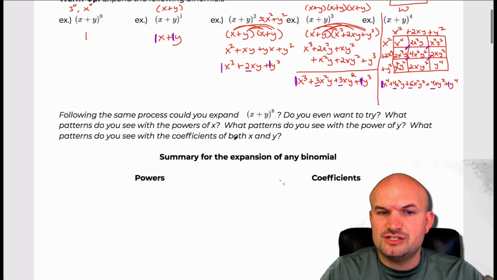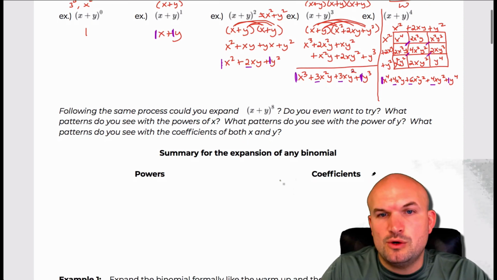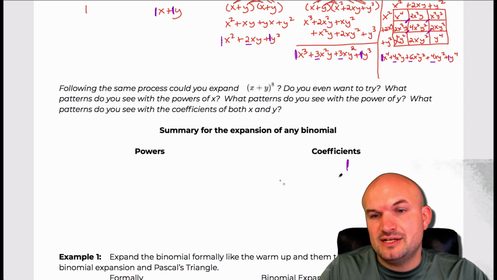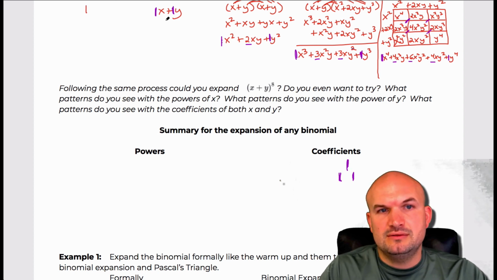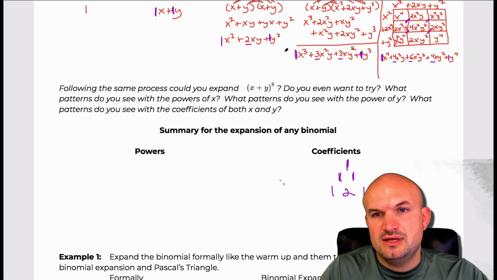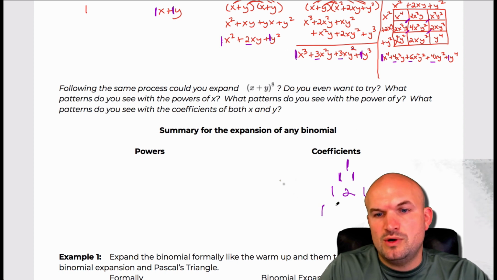Okay, so let's try to see what happens with these coefficients. If I create these coefficients in what we call Pascal's triangle, what you can see is I take 1, 1, and then the next row, 1, 2, 1. Then the next row of coefficients, 1, 3, 3, 1, and then the next row, 1, 4, 6, 4, 1.